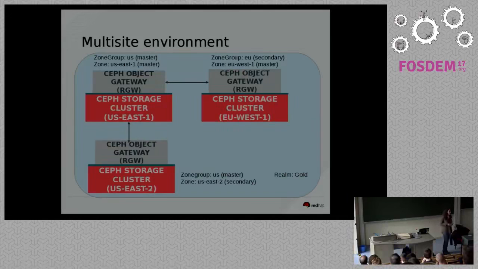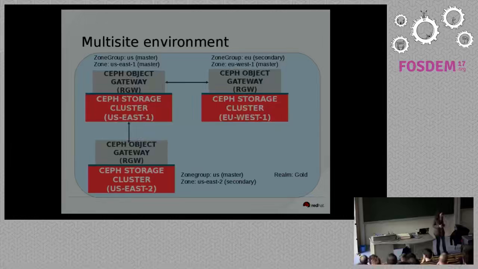The metadata operations, which are user creation, user deletion, bucket creation, bucket deletion, and a few bucket metadata operations, are synchronous because they are really important, and we cannot have a difference in those. So we have a meta master, and in case it fails, you need to do failover and configure a new meta master.